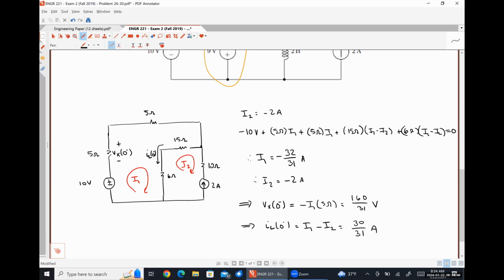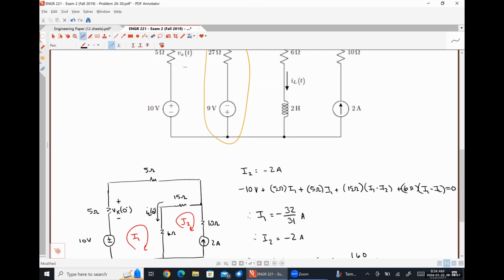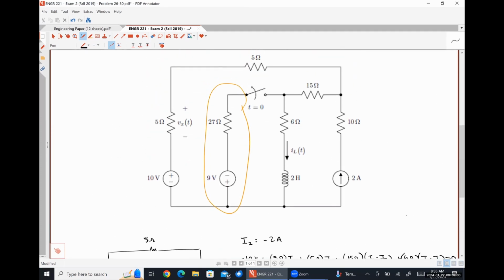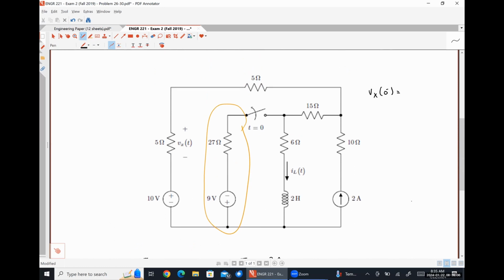Anybody have any questions regarding our analysis at t is equal to 0 minus? Fairly straightforward. All right, because this paper doesn't have a lot of room, I'm just going to write up here Vx at 0 minus we found to be 160 over 31. IL at 0 minus we found to be positive 30 over 31.